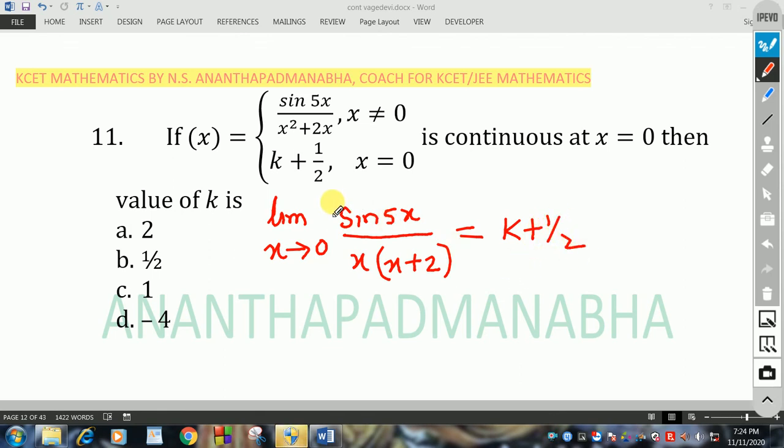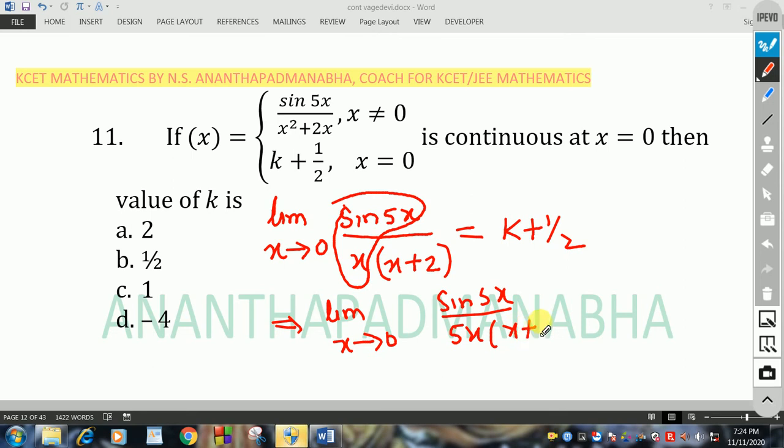So now this sine 5x by x, I will multiply by 5 and divide by 5 so that I can apply the theorem: limit as x approaches 0 of sine 5x by 5x into 5 by x plus 2.